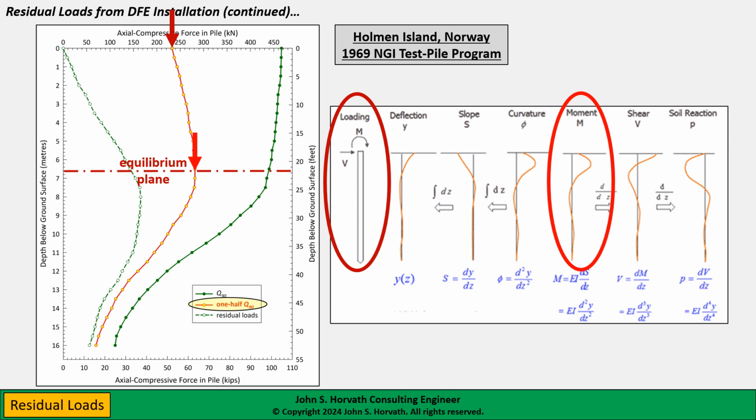The point I'm getting at here is you have to be concerned about this peak occurring somewhere near this peak. And again, at least on the compressive side, these compressive stresses will be added to the compressive stresses due to the moment and shear loading at the head of the DFE. This is not something I see talked about at all in the literature.